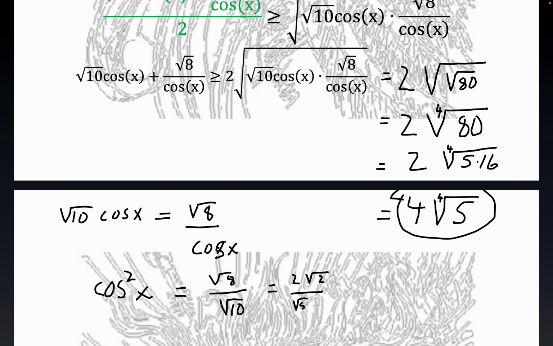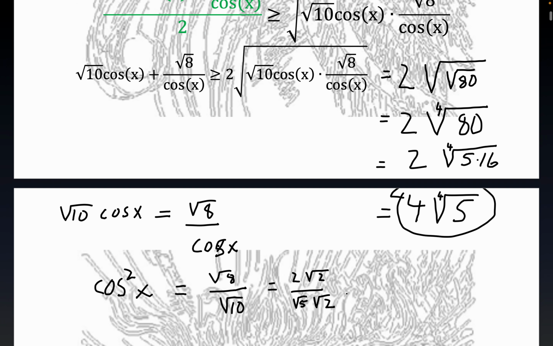But you see, this is definitely not one of the so-called nice values, like radical expressions that come out to something like pi over 6 or pi over 4. But notice the root 2 over root 2 cancels, and so you get 2 over root 5.